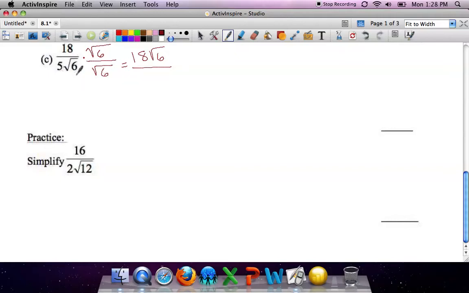Well, root 6 times root 6 is simply 6. 6 times 5 is 30. Okay, so now is there something to take out of 18 and 30? Well, I think there's a 6 that lives in here, so 6 goes into 18 3 times, 6 goes into 30 5 times. So the final answer would be 3 root 6 over 5.